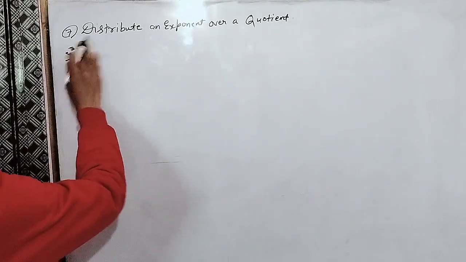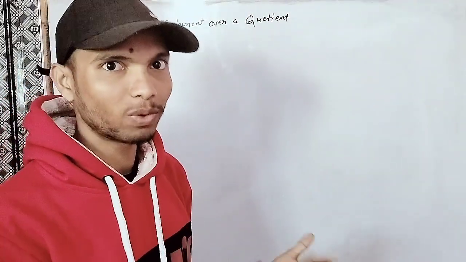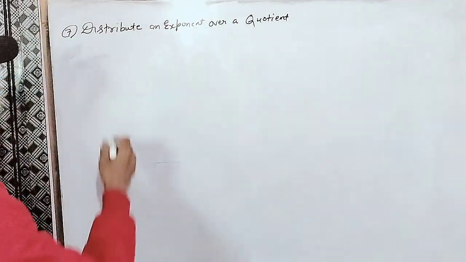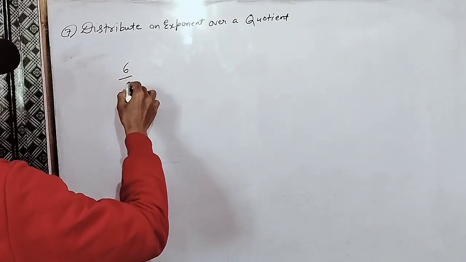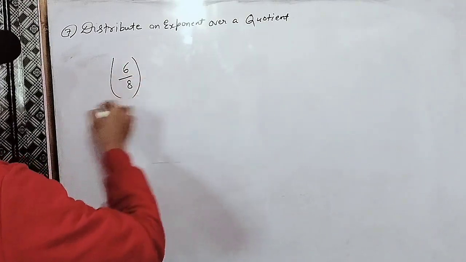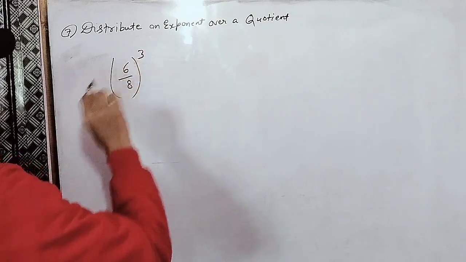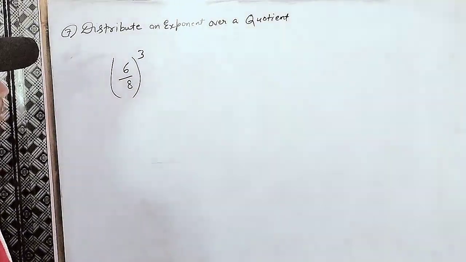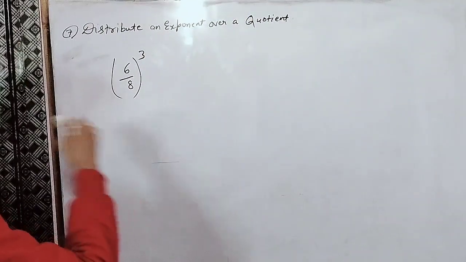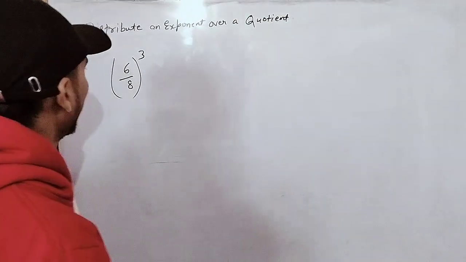Now, this statement is saying we have a quotient with exponents. So let's see 6 and 8 with exponent 3. This is just an example. Let's say we have this problem. Now, how would we solve it?